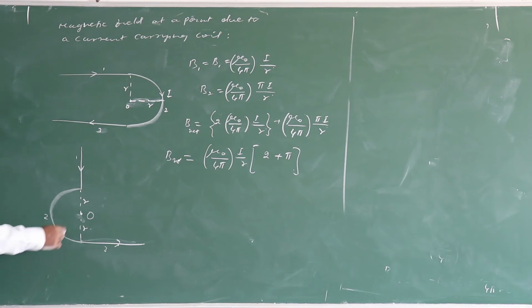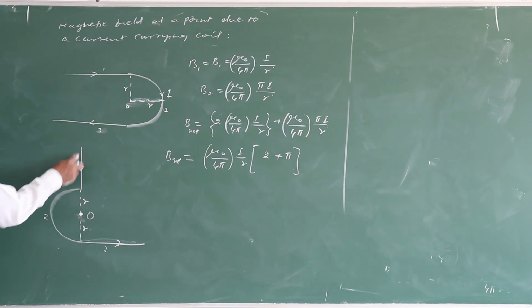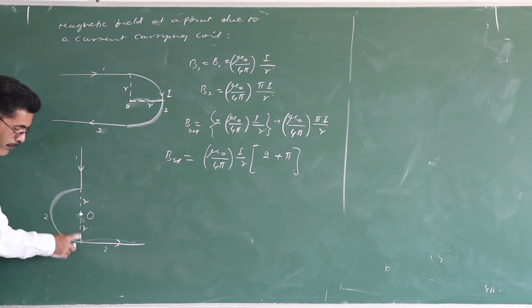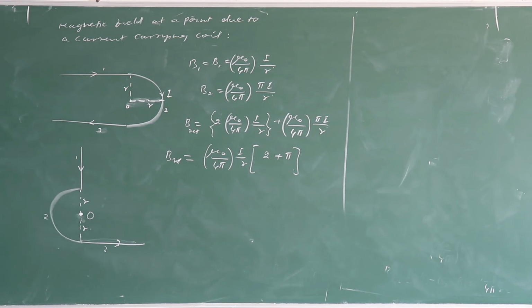Here the segment 1 and the point O lies along the axis of segment 1. Therefore, magnetic field at O due to this segment is 0. Whereas magnetic field at O due to this segment 3 exists. And also magnetic field at O due to current flowing in a semicircular segment also exists.